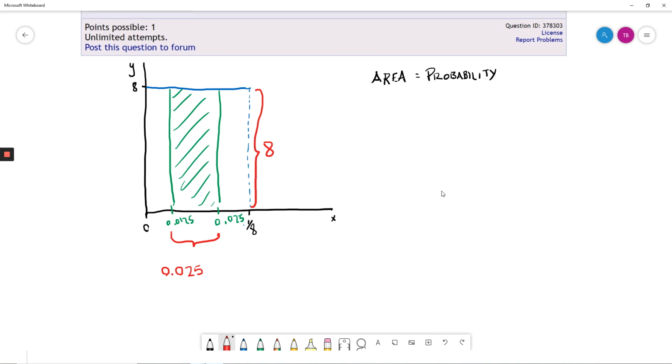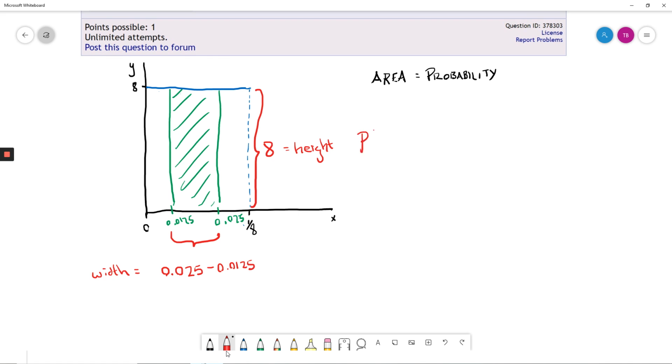So we take 0.025 and then subtract 0.0125. And that gives us how much it takes to get from one to the other. Once we have that, that's going to be our width. This value of 8, that's our height. And our answer is going to be whatever the width times height is.